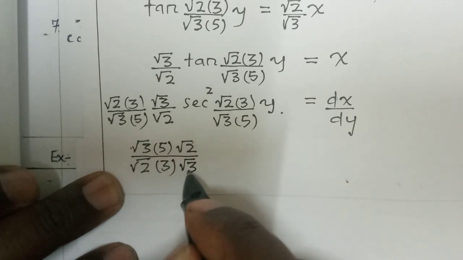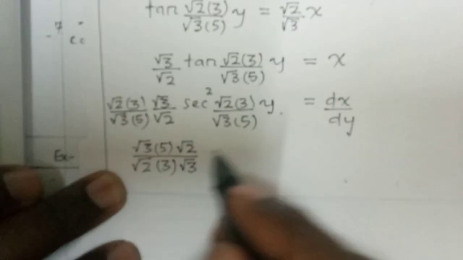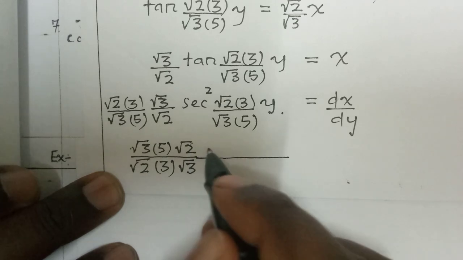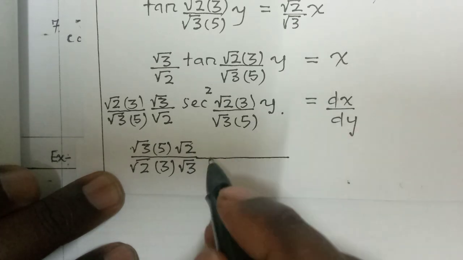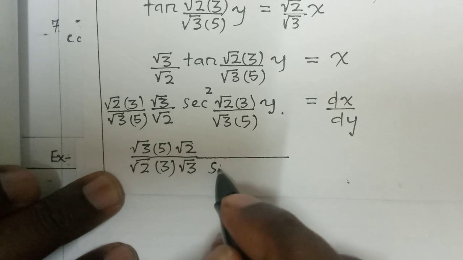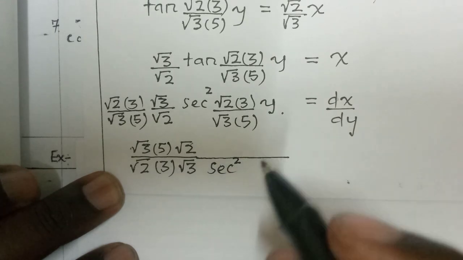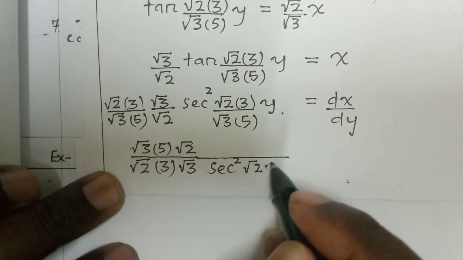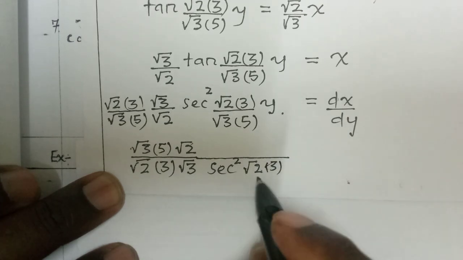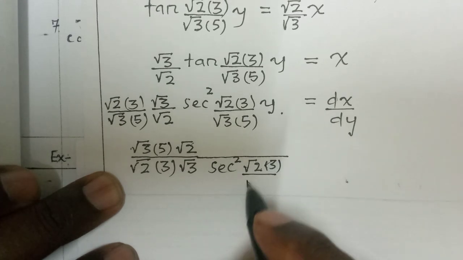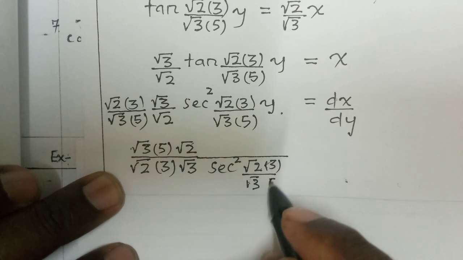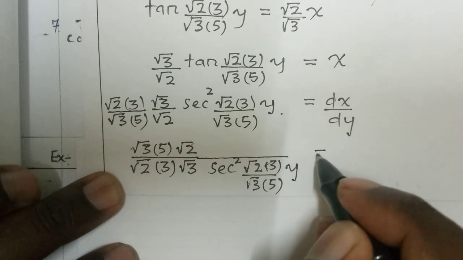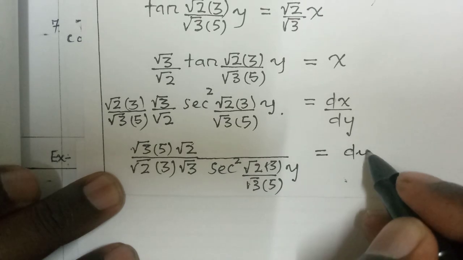We are getting the reciprocal of both sides. So this other one is going to be sec squared of square root of 2, that is now 3 there, all over square root of 3, then you have 5 there, you multiply by y. This now gives us dy/dx, like that.